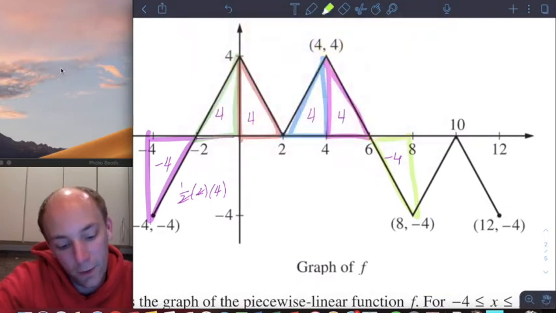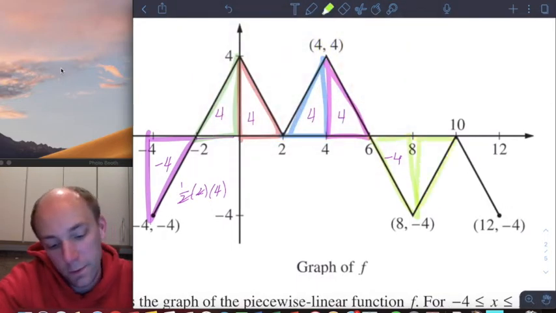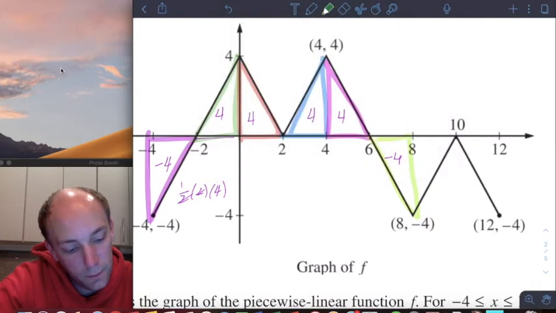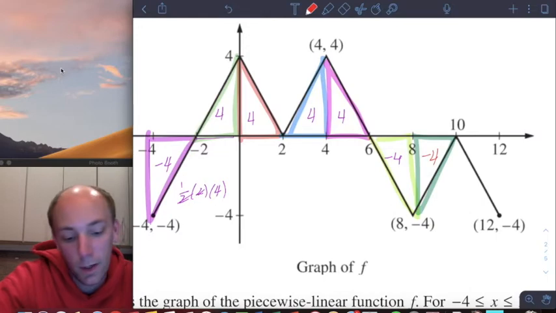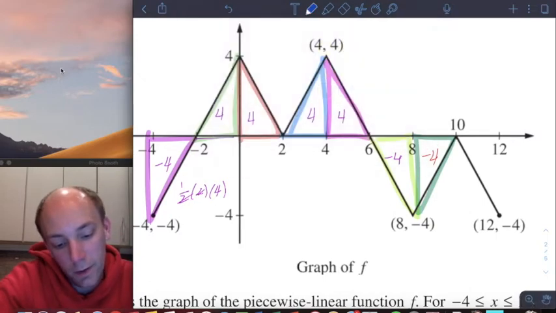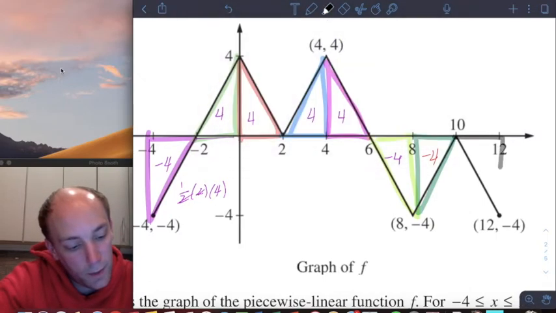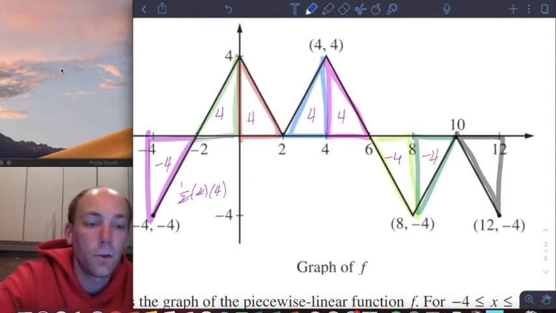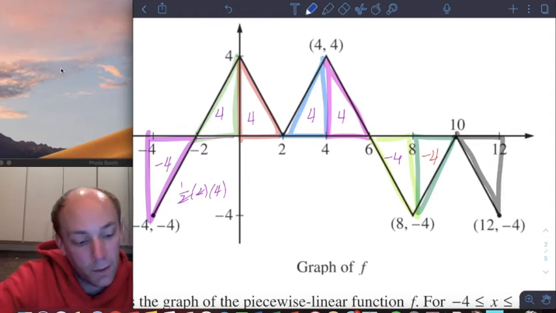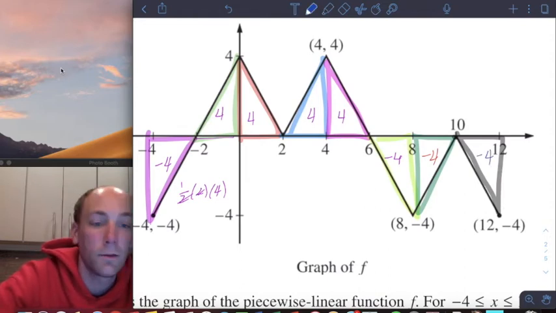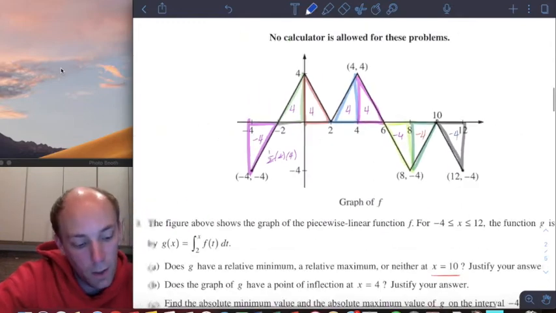You could probably guess what the next one's going to be. Right, so this one is again going to be negative 4. And then the last part here, from 10 to 12, the base is 2, the height is negative 4, and because it's beneath the x-axis, it would be an area of negative 4 as well.